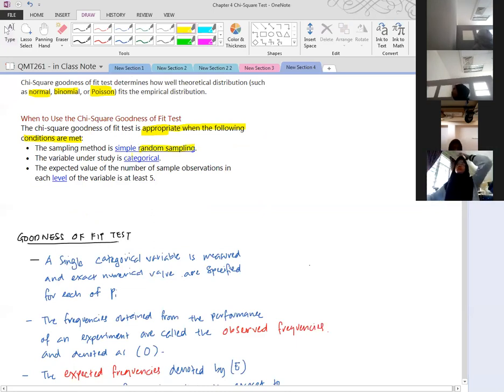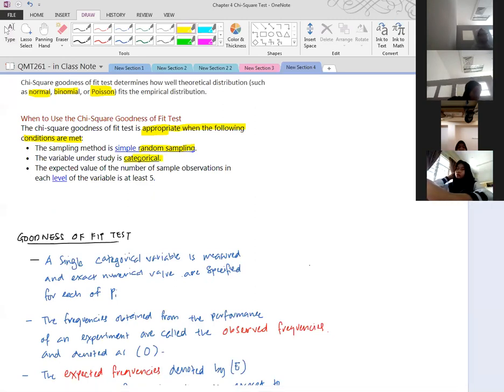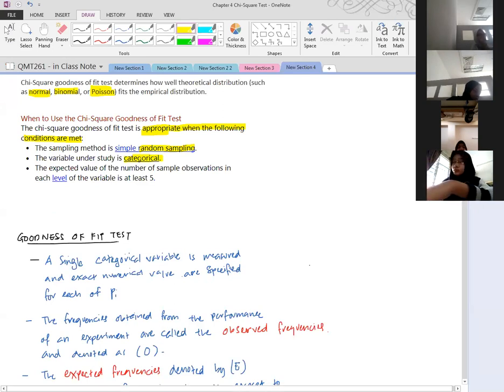The variable under study is categorical. Notice that in this topic we are discussing categorical data. Before this, in chapter 1 until chapter 3, we discussed numerical or quantitative data.